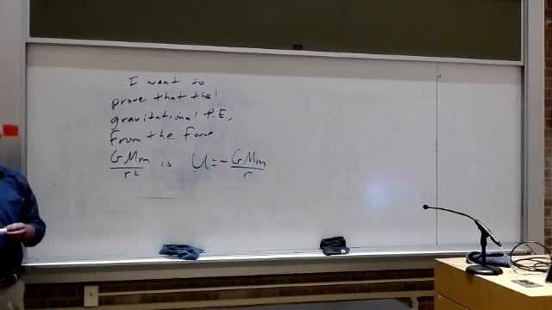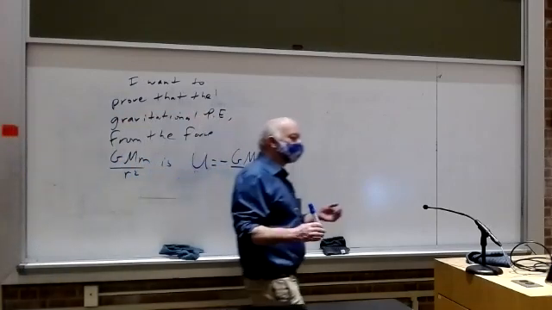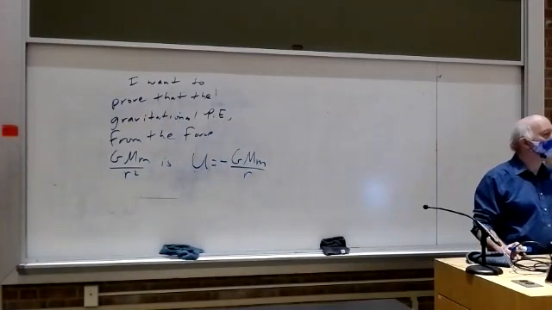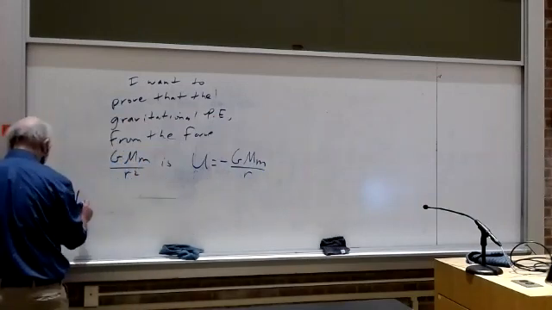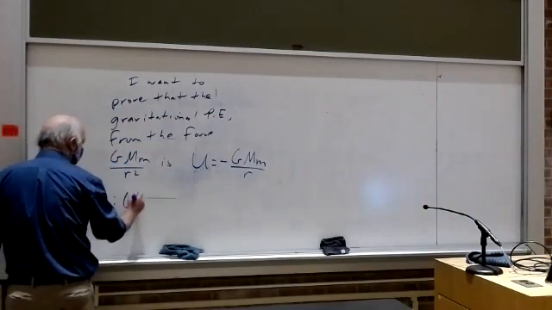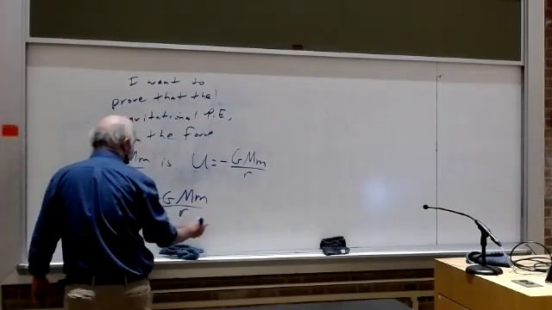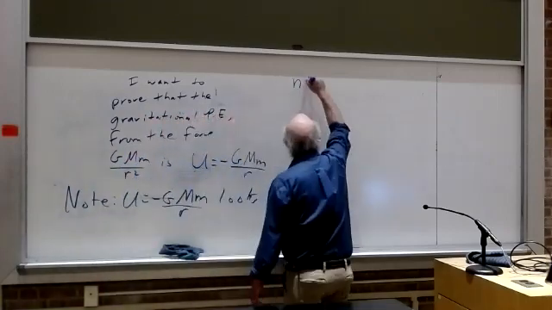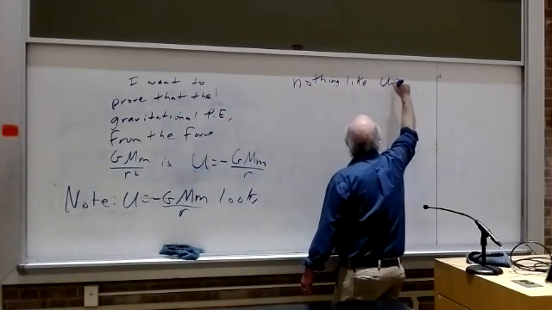Okay. What does that not look like at all? We have gravitational potential energy. What's the old gravitational potential energy? mgh. So now, U equals minus G big M little m over R looks nothing like U equals mgh.